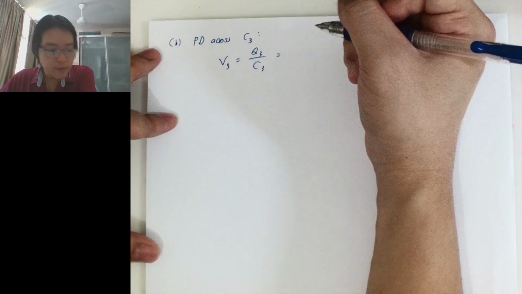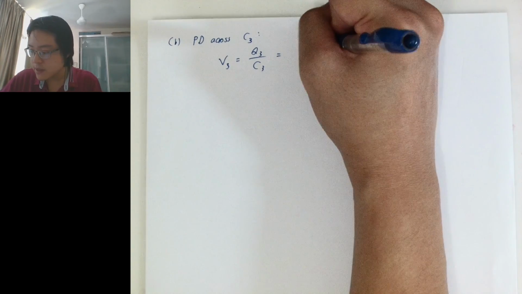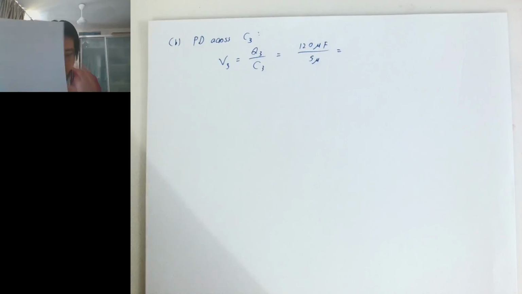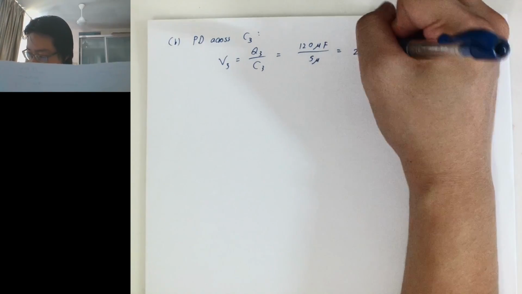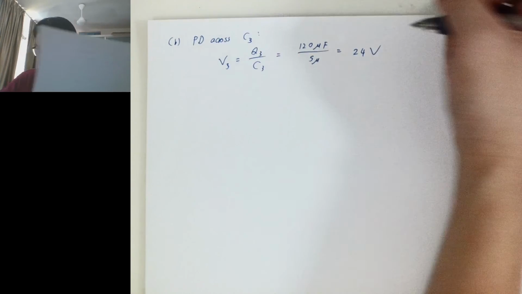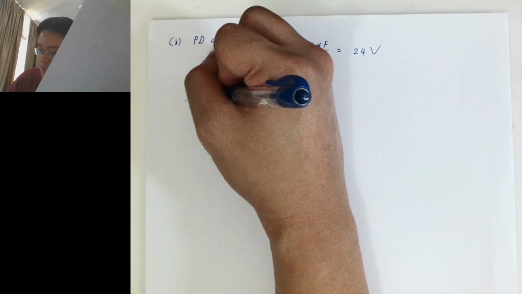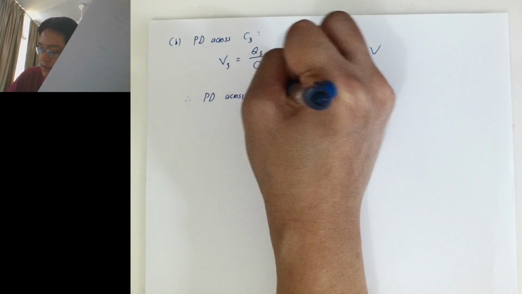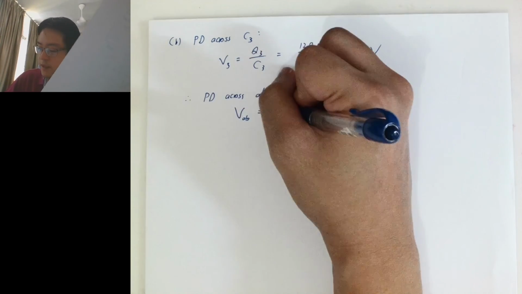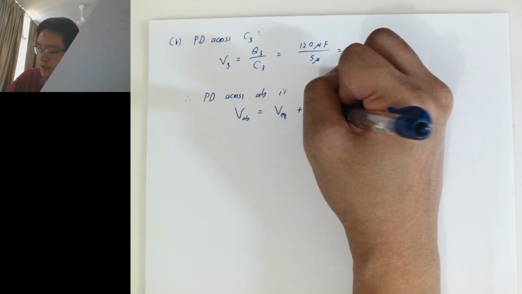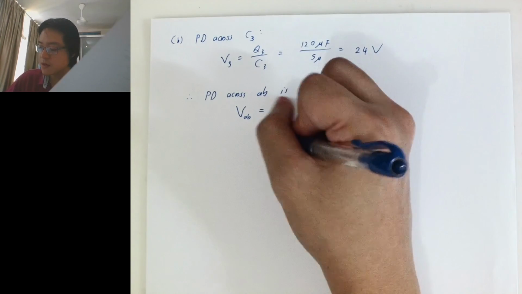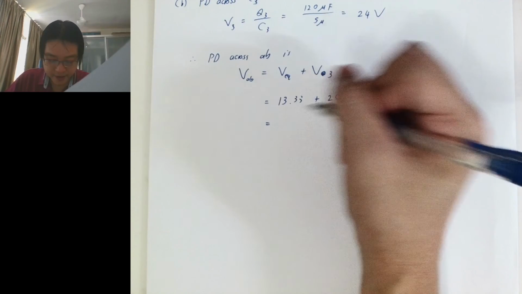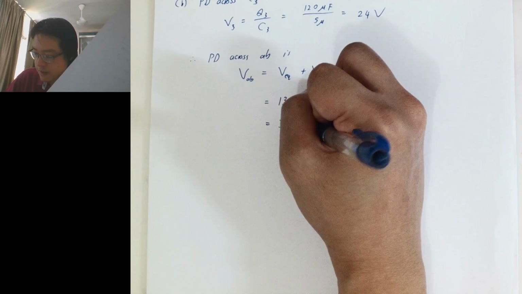We have found the Q to be 120 micro. The capacitance is 5 micro. So the voltage is 24 volts. So therefore the potential difference across AB, VAB, equals the V equivalent that we have found plus the potential difference across number 3. So it's 13.3 plus 24, right? So the final answer is 37.33 volts.